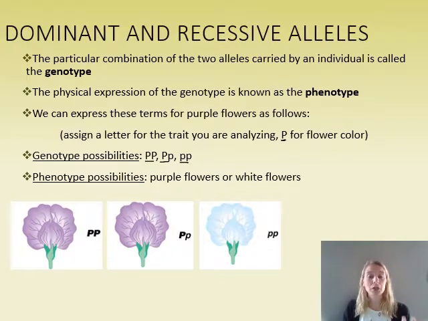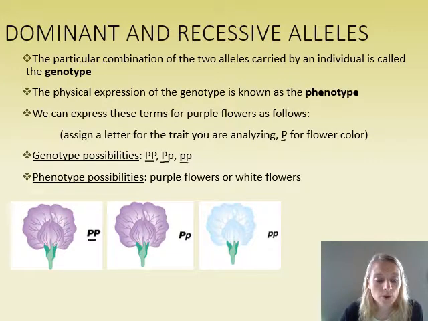And then if we take a look at the phenotype, phenotype is a physical expression. So we have to understand that whenever you have at least one of those dominant alleles, you will physically express that dominant phenotype, okay? So let's take a look at our homozygous dominant. So that's this guy right here. If you have big P, you have two of those dominant alleles, you are going to be expressing the dominant phenotype.